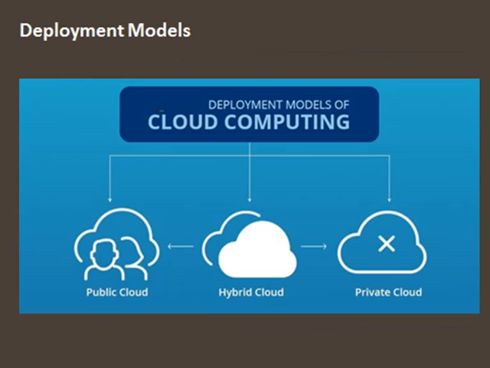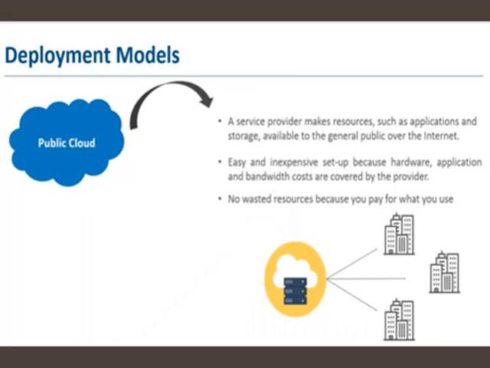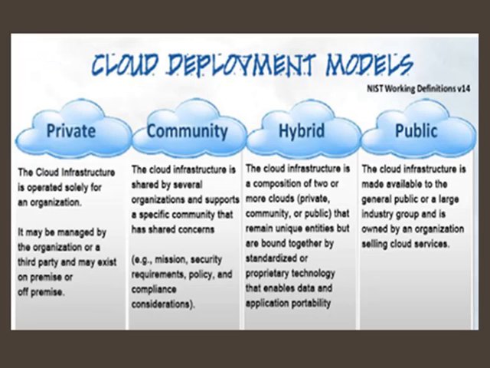Moving next to the deployment models. It's divided into three again: public, private, and hybrid model. In the public model, the cloud is available for all. The service provider opens its services to all. Whereas in a private cloud, they build applications operated for a specific need or an organization upon security conditions, which is protected behind a firewall.